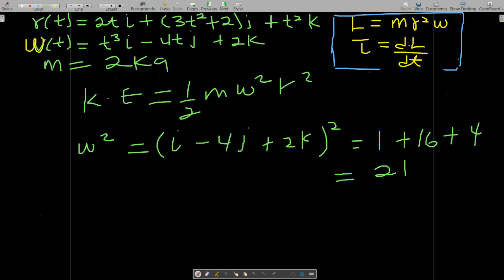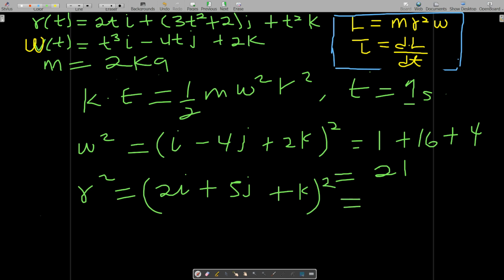Okay, then r squared will be what? We did it and we had 30. But we can go through it again, and that will be 2i plus 5j. I'm evaluating them at time t equals 1, so this is at time t equals 1 second. That's why we are doing this. If time wasn't given, then we would have to find r squared and omega squared in terms of t. But since the time is given, we can do that quickly.